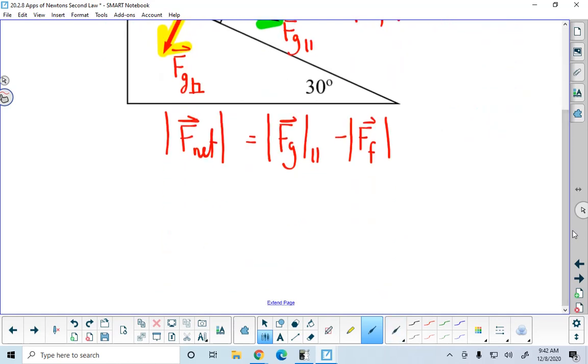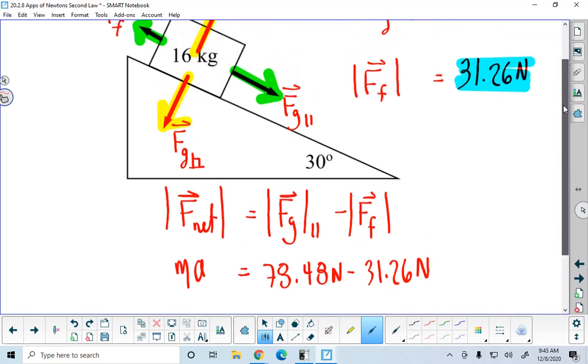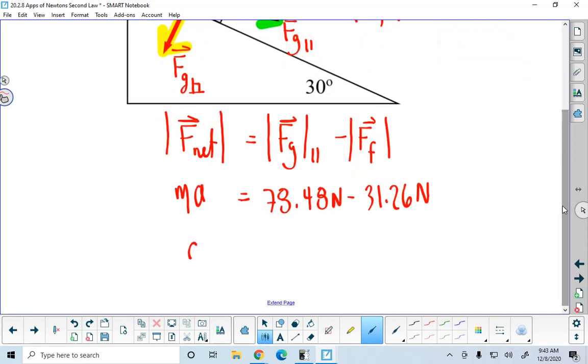I can write ma equals the 78.48 newtons minus the 31.26 newtons, which means the magnitude of the acceleration is that number over the mass of 16. It's not as simple as just looking for a force and a mass and dividing them. You have to know how to find that net force.